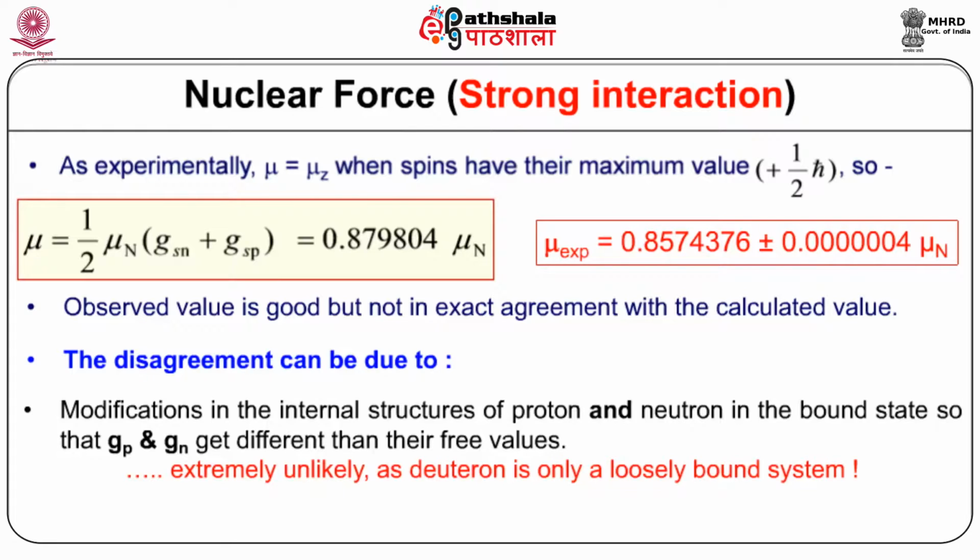One reason can be modifications in the internal structures of protons and neutrons in the bound state, so that Gp and Gn get different values than their free values.